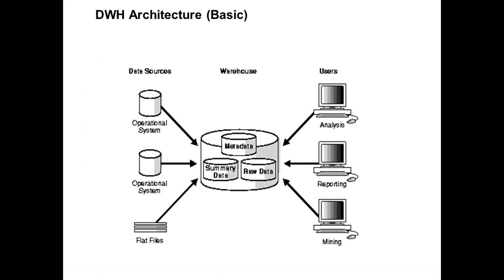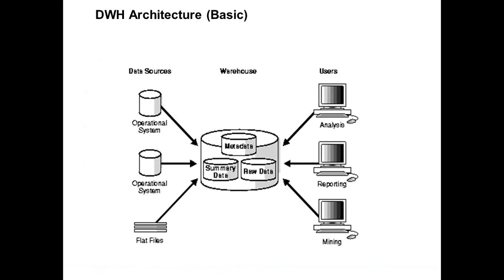So we have the data sources over here, and then with the data warehouse, we can extract the data with the help of ETL tools such as Informatica and DataStage. There are different ETL tools which help to extract the data from operational systems and place it in the warehouse.